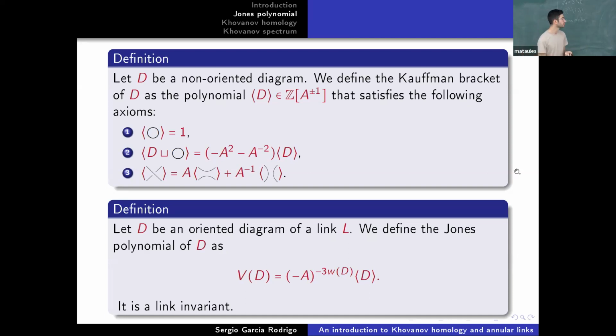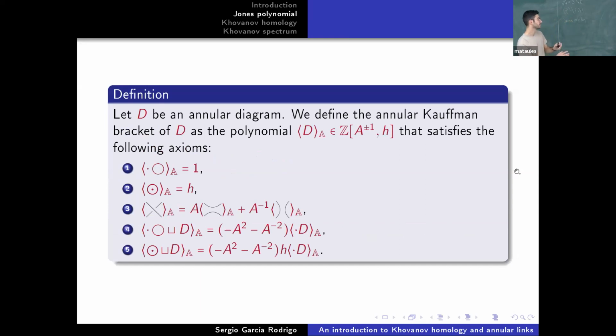We have also a definition for annular links, which is exactly the same, but we get two more axioms, because right now, when we get circles in the plane, we have two types of circles. Ones that bound a disk in the plane, like this, and ones that don't. So these are what we call trivial circles, and these are essential circles or non-trivial circles.